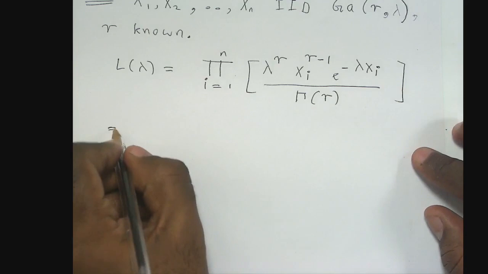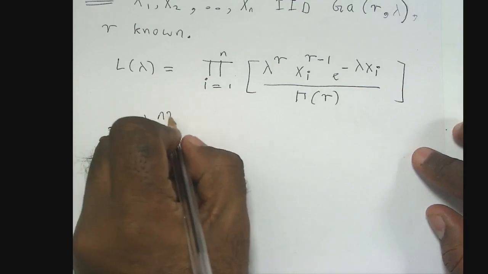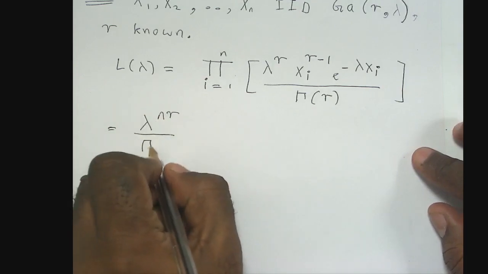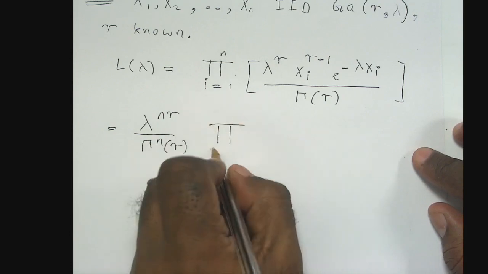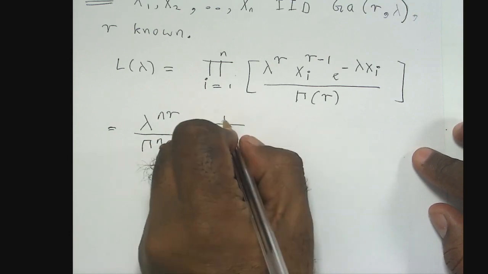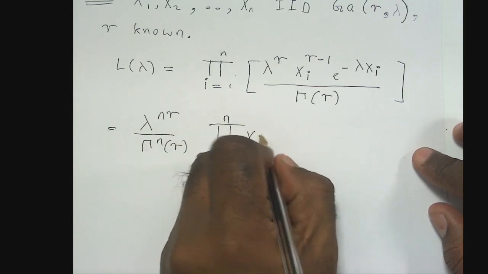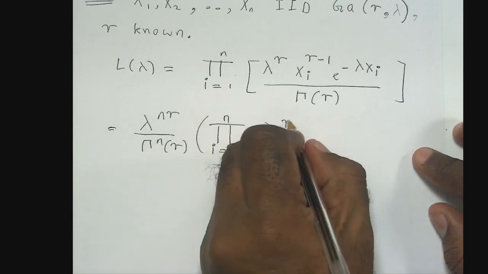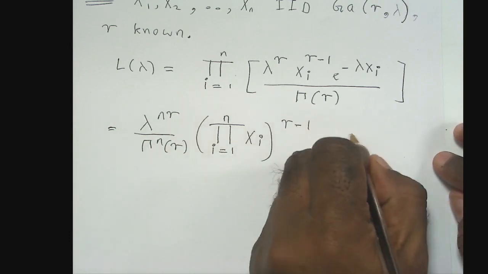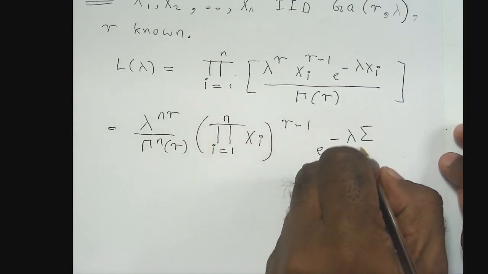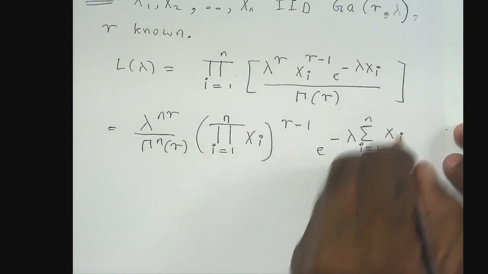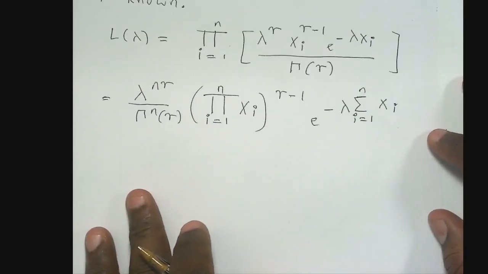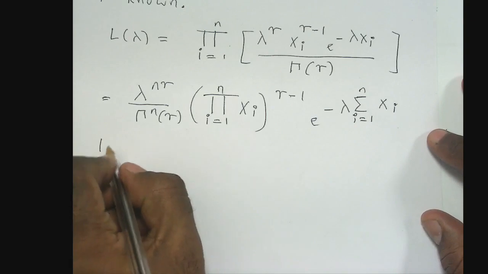Now, if you simplify this, this is what you get, right? The likelihood after simplification. Take the log.